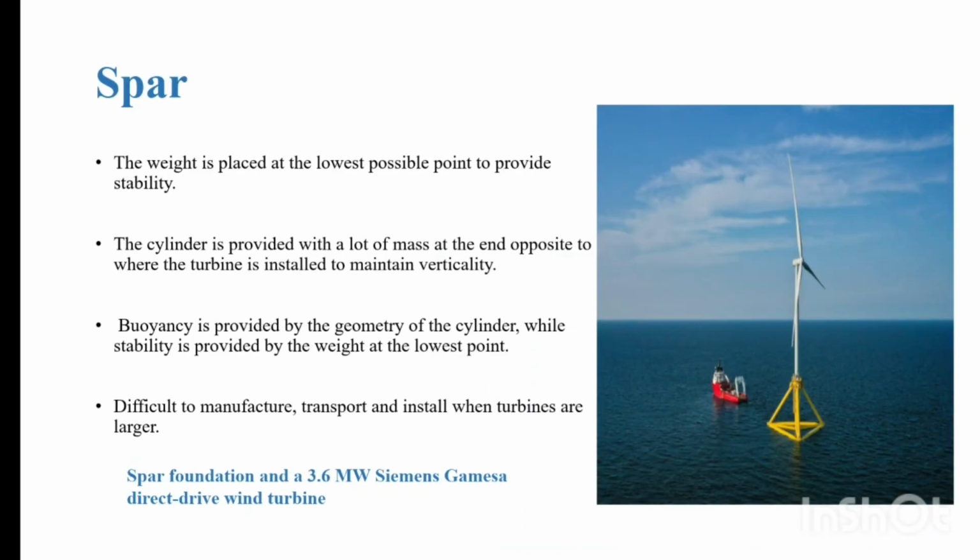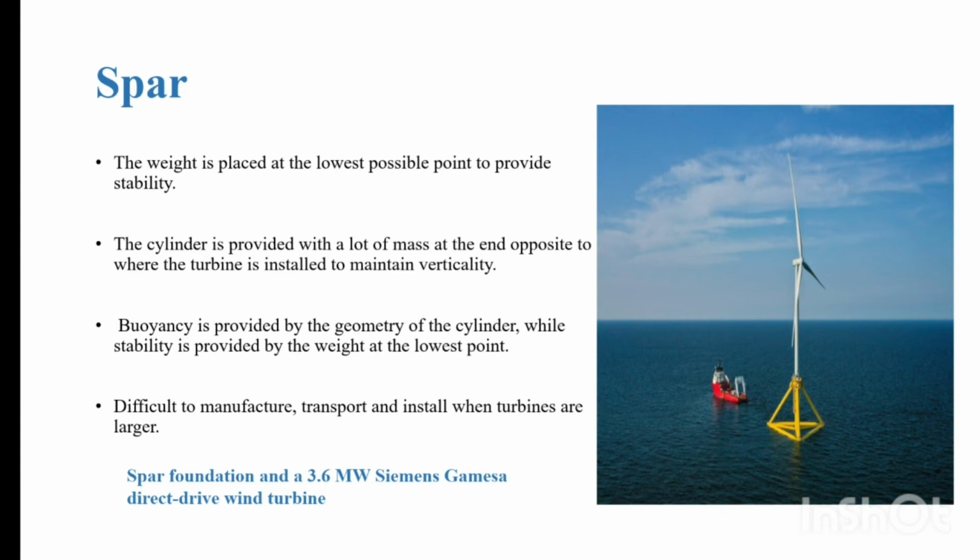Third type of floating windmill turbine is spar. In this model, most of the weight is placed at the lowest possible point to provide stability. For example, if we throw a hollow watertight cylinder into the vessel, it will float if the ratio of the height to the surface of the base is sufficient for the volume of water displaced to compensate for its weight.